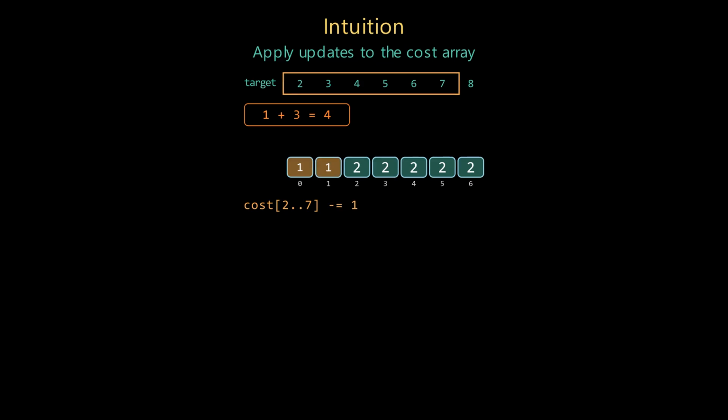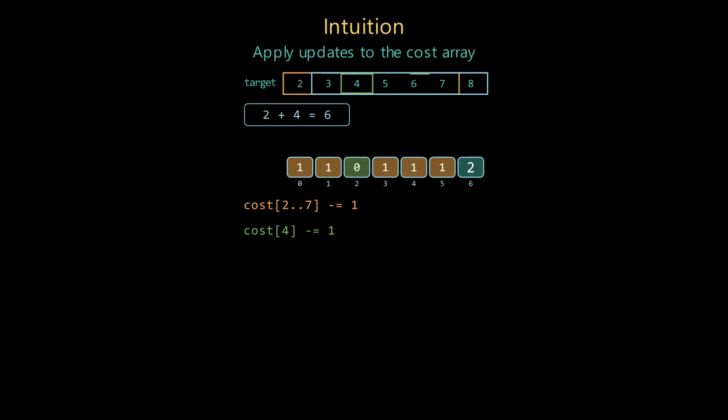The same at targets 3, 4, 5, 6 and 7, each going from 2 to 1. Now apply another -1 at the exact current sum. Target 4 is already 1 plus 3, so cost 1 becomes 0.